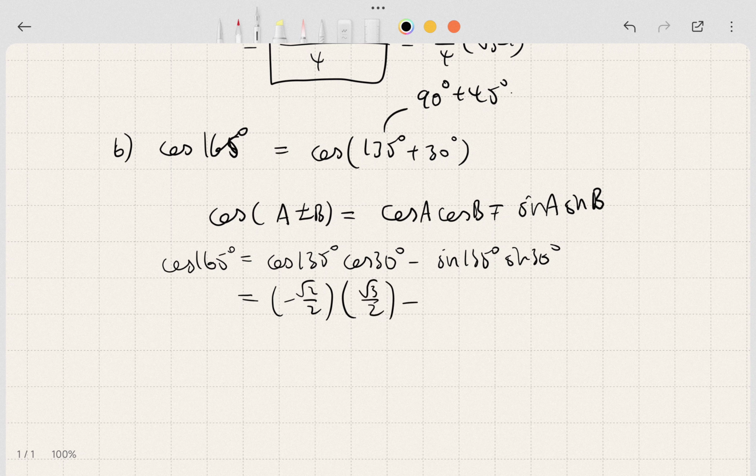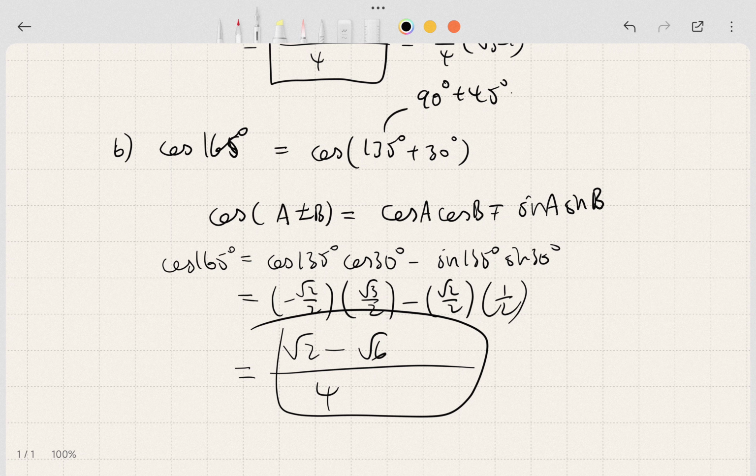And this minus sine of 135 degrees. Well, sine of 135 degrees is root 2 over 2, and sine of 30 degrees is a half. So you get root 2 minus root 6 over 4 as the answer for cosine of 165 degrees.